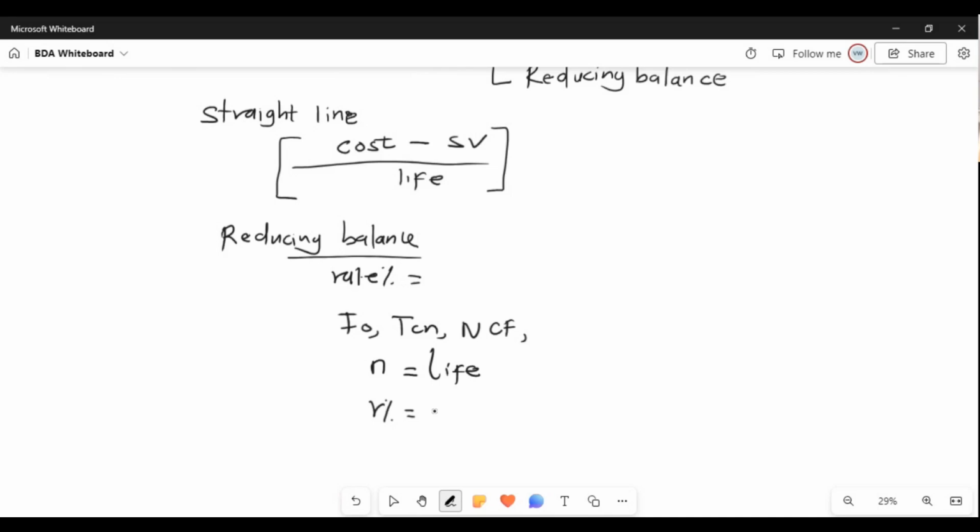So we know that R represents the discounting rate. This discounting rate is the minimum rate of return.